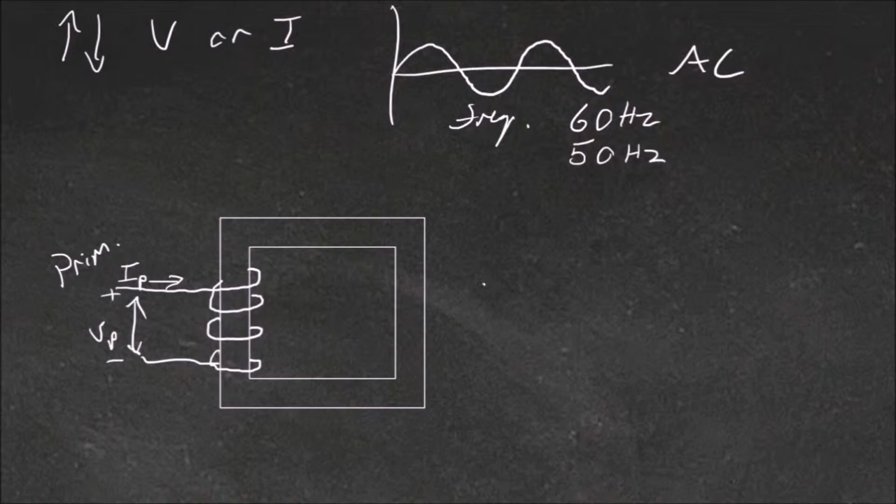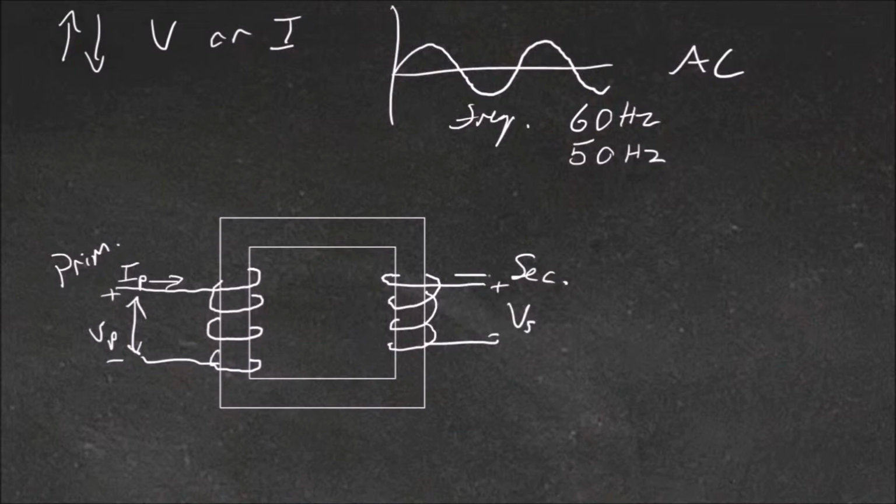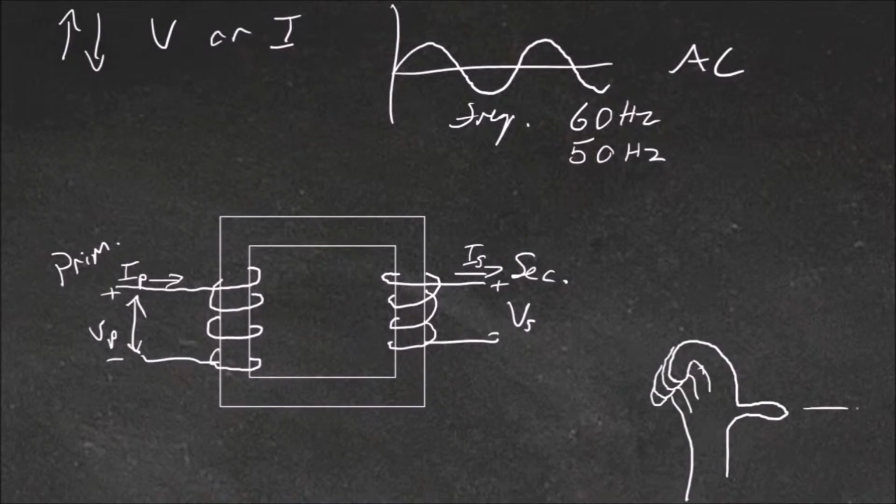And there's an output known as the secondary winding. So this has its voltage Vs and a current Is. So using the right hand grip rule or the corkscrew rule, if this is the current, we know that the magnetic field will be going this way.